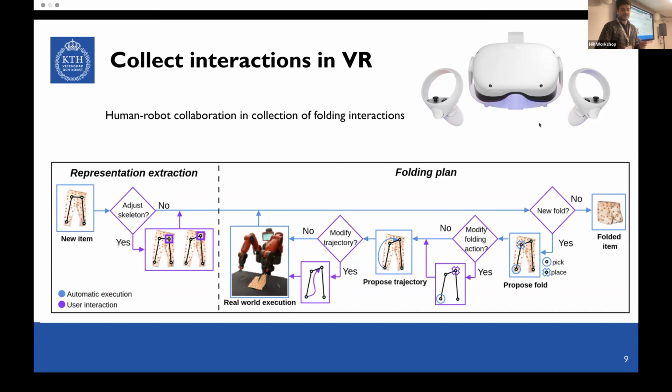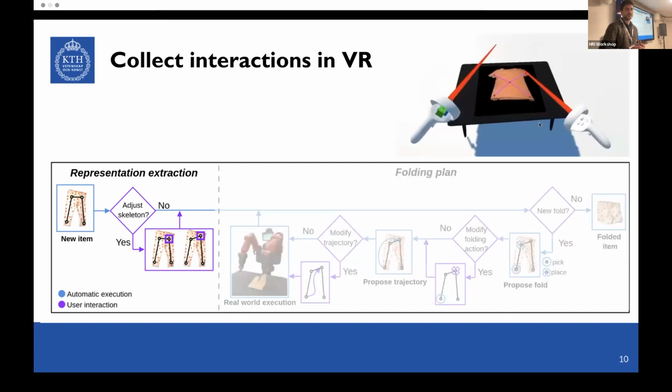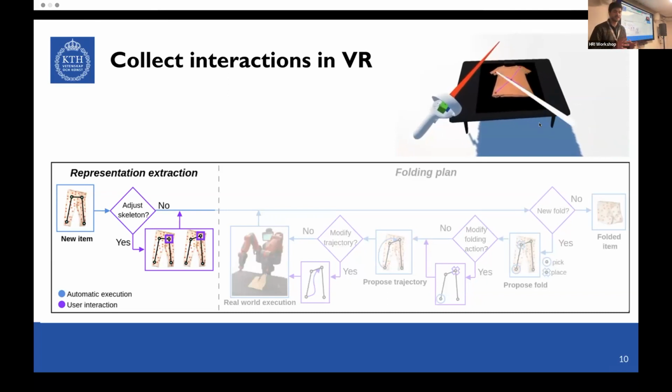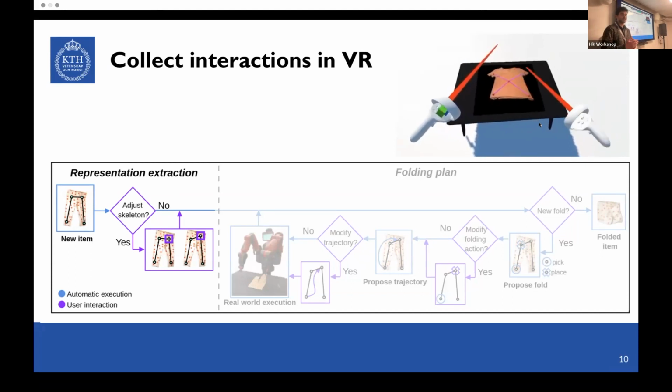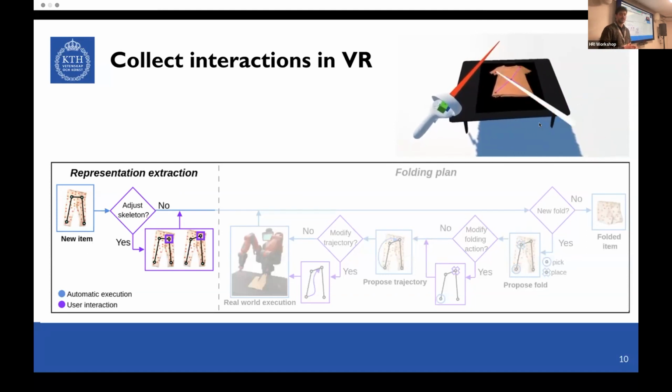So this framework is composed first of a representation extraction part, in which the framework provides a sequence of pick and place points that the user can modify according to which parts of the cloth they want to be manipulated.